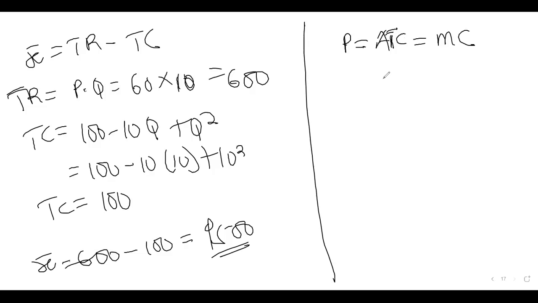So once we don't have the price, it can be replaced by the average total cost, because the equilibrium is when price is equal to marginal cost for a perfect competitor. So once we don't have price, it can be replaced by the average total cost or the minimum average total cost.